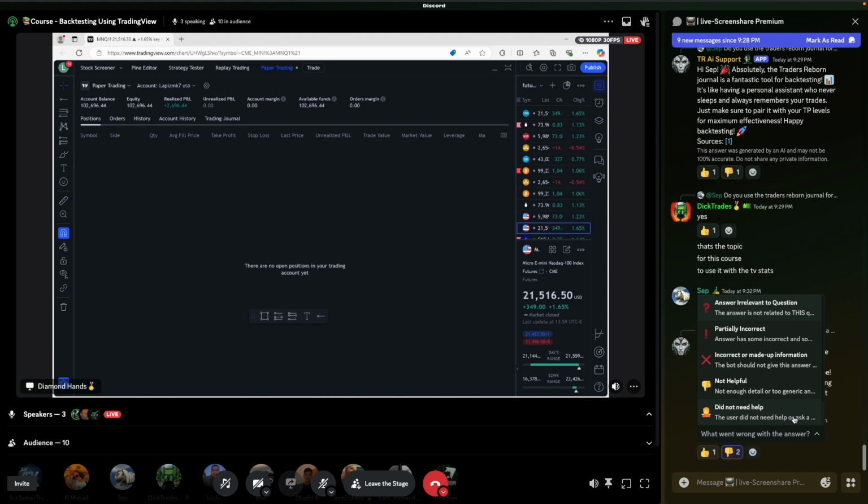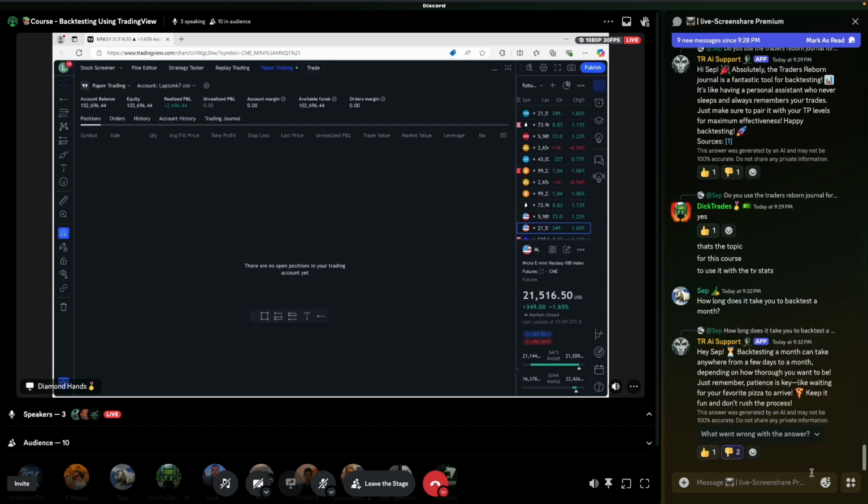So as you can see, I don't have any stats like the ones on Bar Replay, like TradingView, but you can actually use the TradeReborn journal in this case.